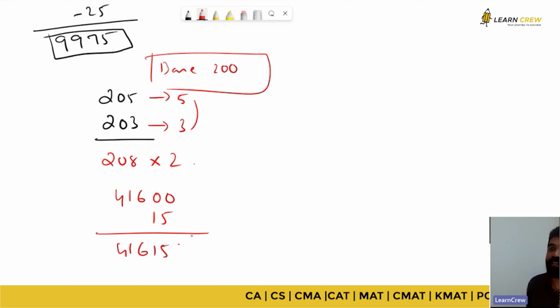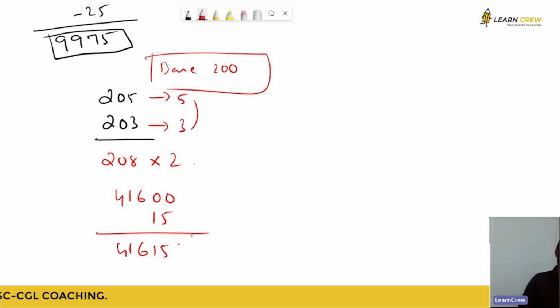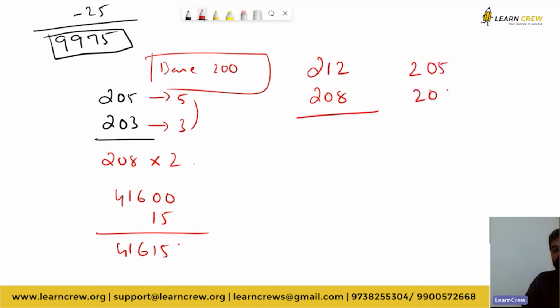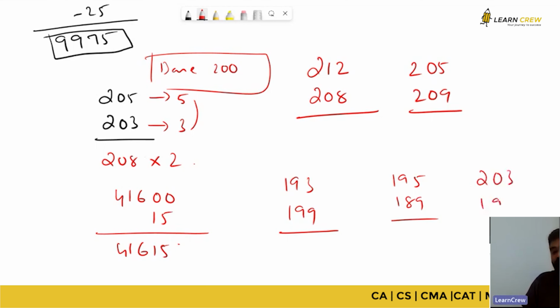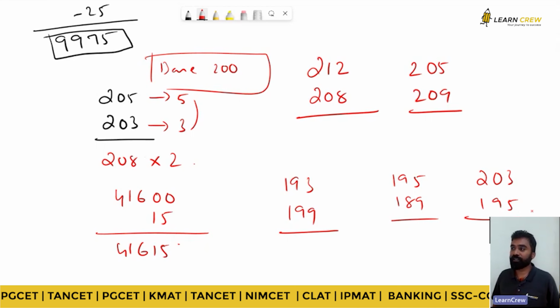You just need to multiply with the base number 2. Then it becomes easy. Here are some numbers: 212 into 208, 205 into 209, 193 into 199, 195 into 189, 203 into 195. Okay, solve it. Same thing, just the base changes to multiplied by.